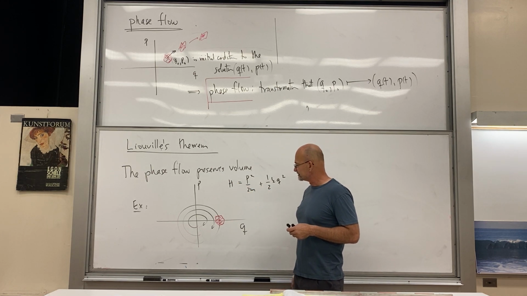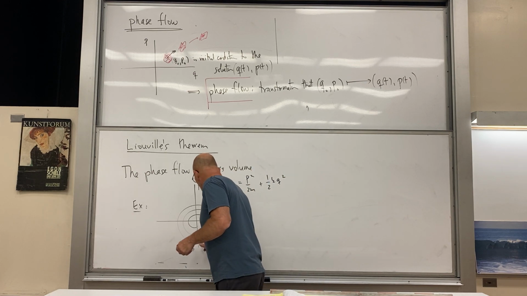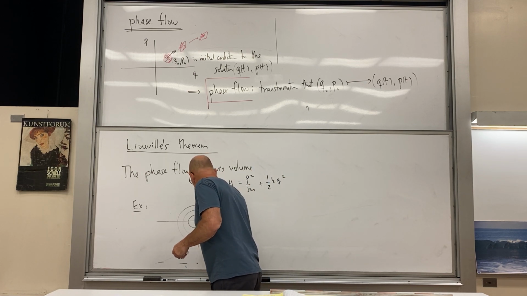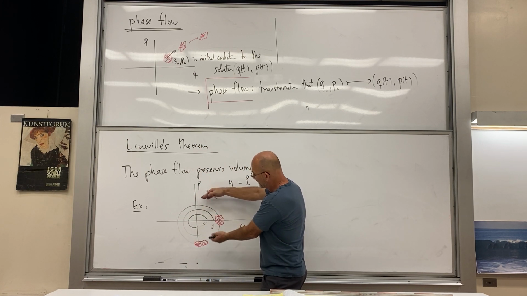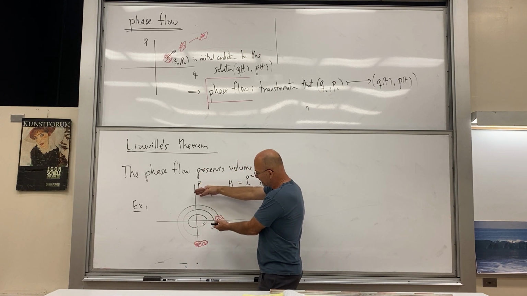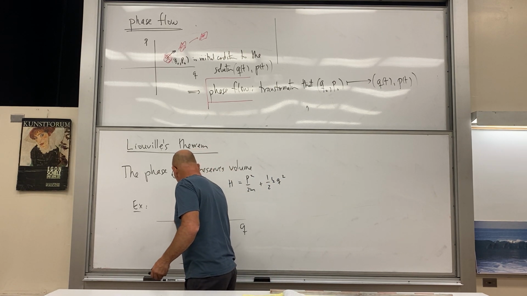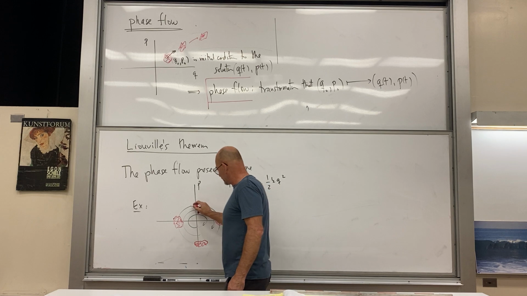Saying that it preserves volume means that as it goes around, over here it's going to be more stretched out, because this is an ellipse, not a circle. Over here, it's going to be exactly the same shape it was here, and over here it's going to be more stretched out.